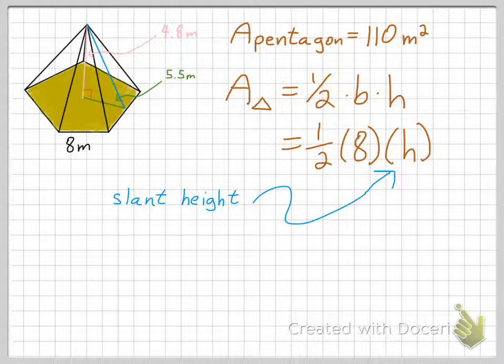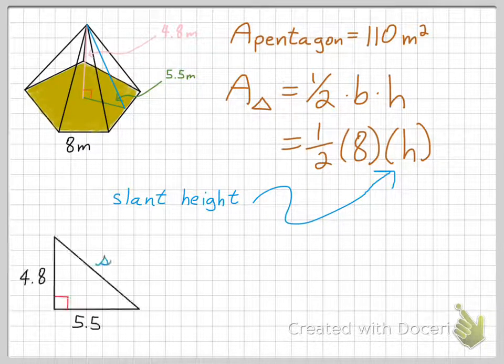This h, or height, is not given to us. So how are we going to find that? Well, let's take this pink colored line and this line segment, and that forms a triangle within the pyramid. Again, these 3 line segments form a triangle, and as you can see, a right triangle.